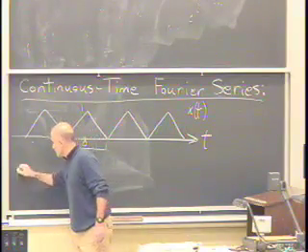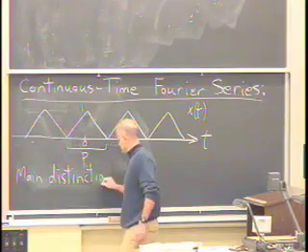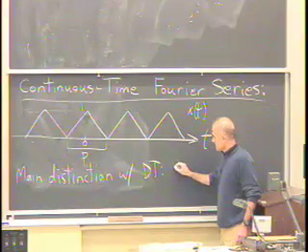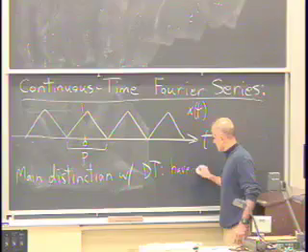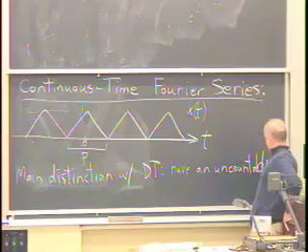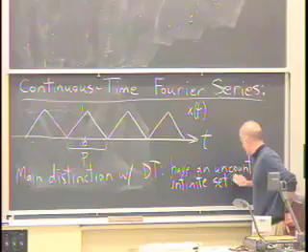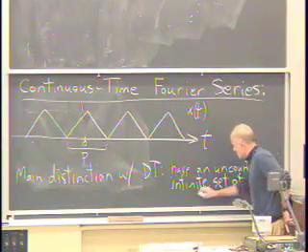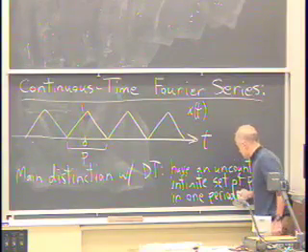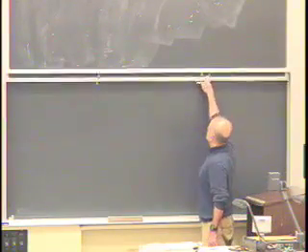So a main distinction with discrete time is that we have an uncountably infinite set of points in one period. And this is what got Fourier at the end of the 19th century in trouble.